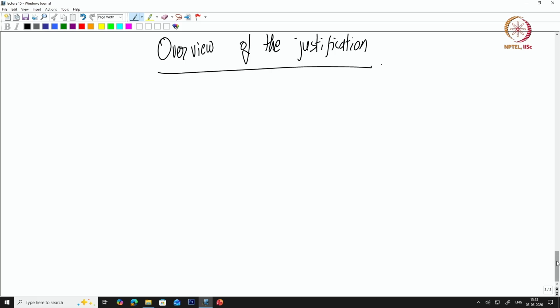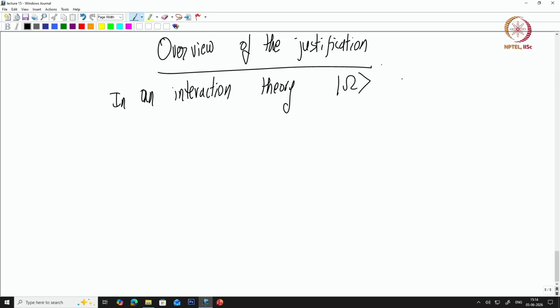Now in an interacting theory, the vacuum is not equivalent to 0.